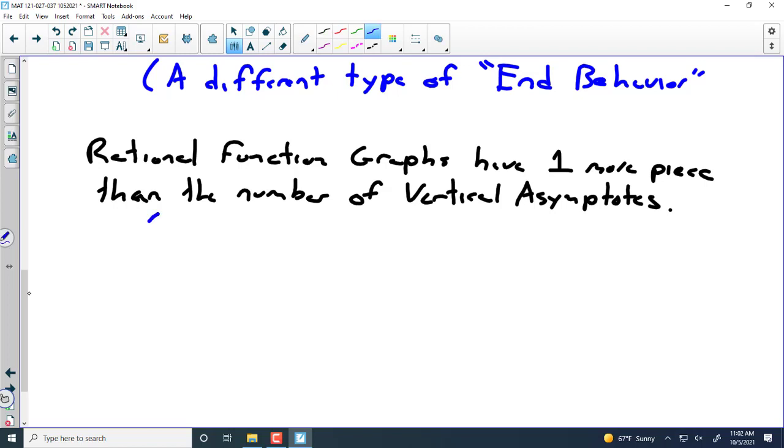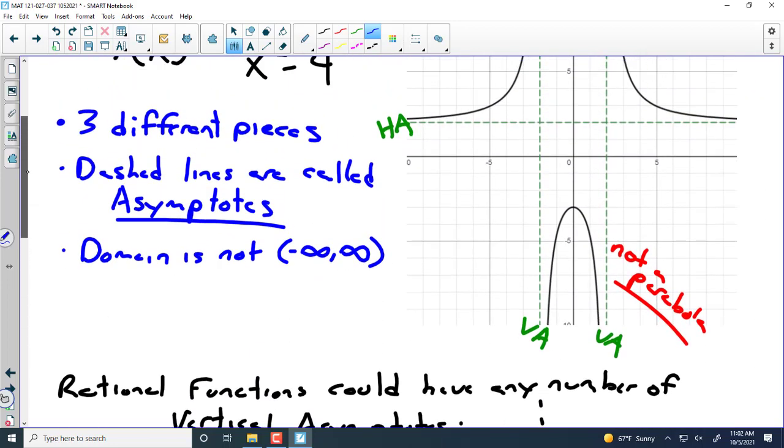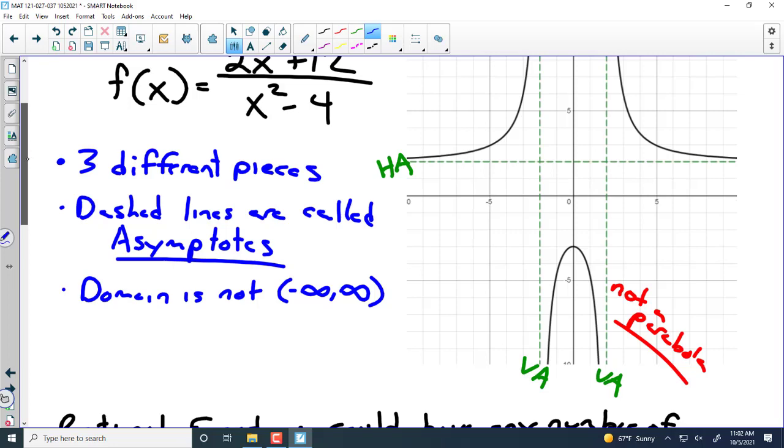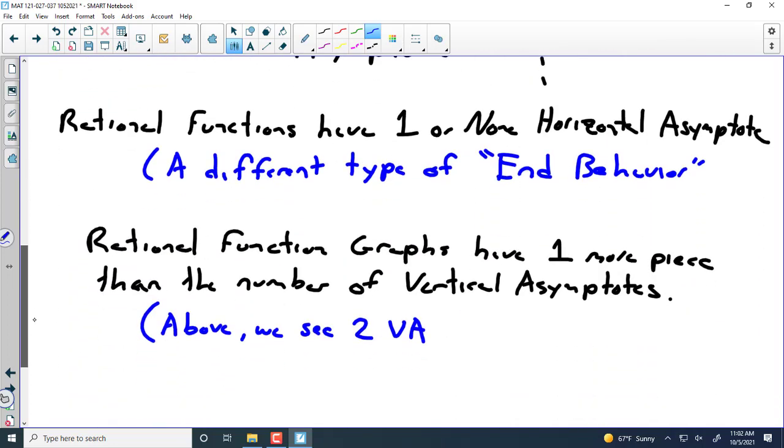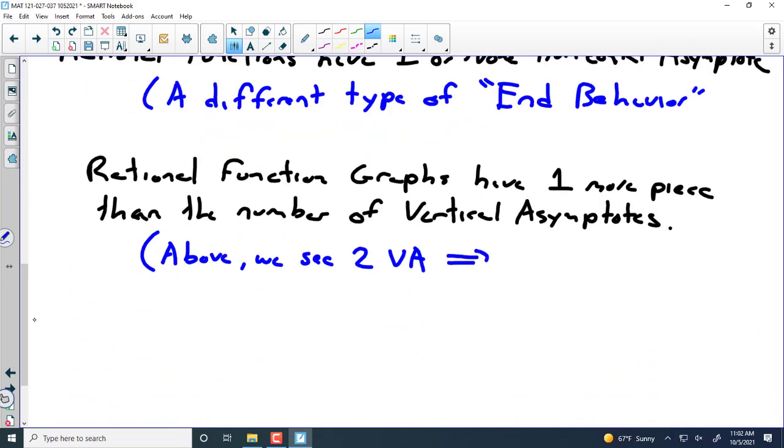If you look above, we see two vertical asymptotes. We see two of those dashed vertical lines. And how many pieces does the graph have? How many different parts of the graph do you see? Three. That's all that means. Well, we see two vertical asymptotes, three pieces to the graph.